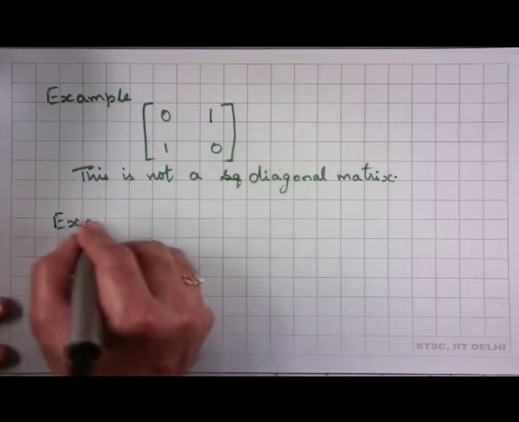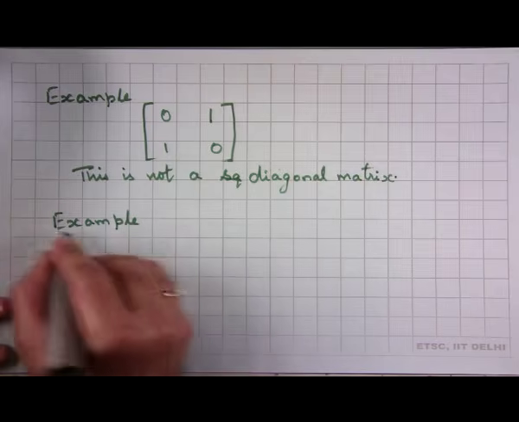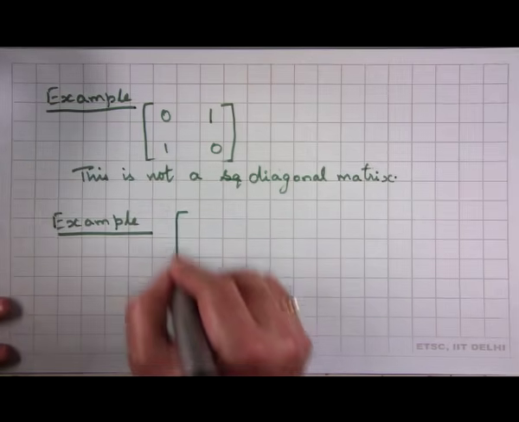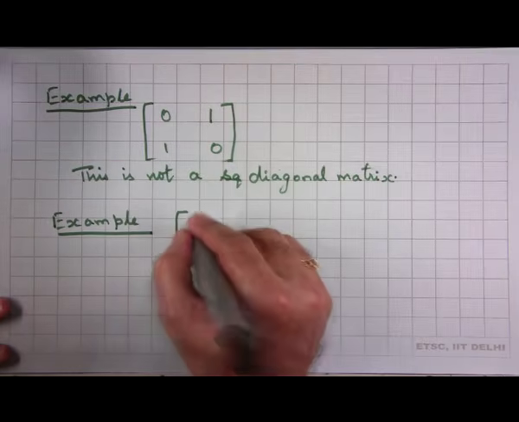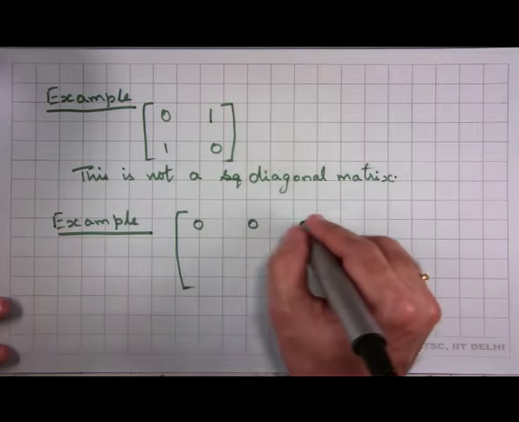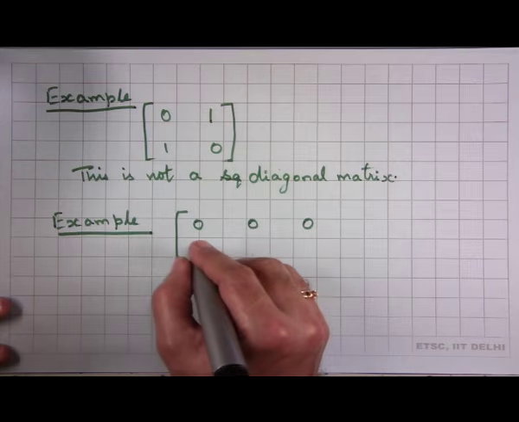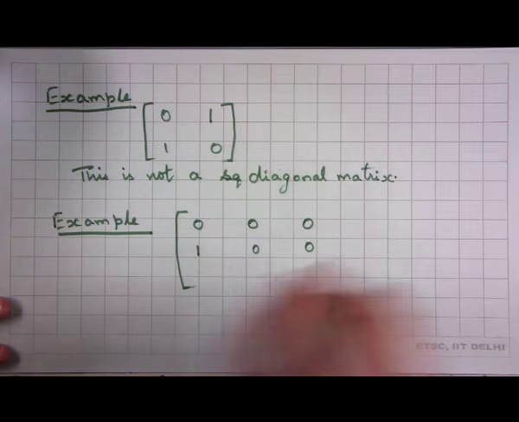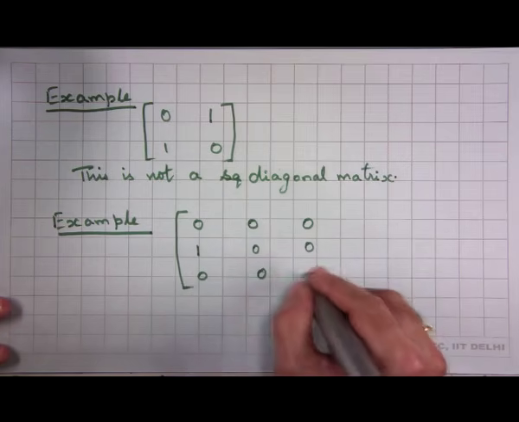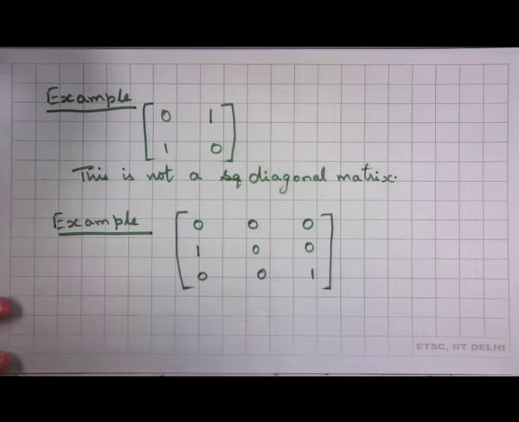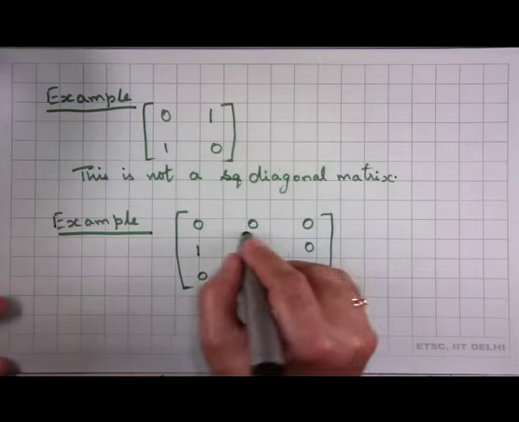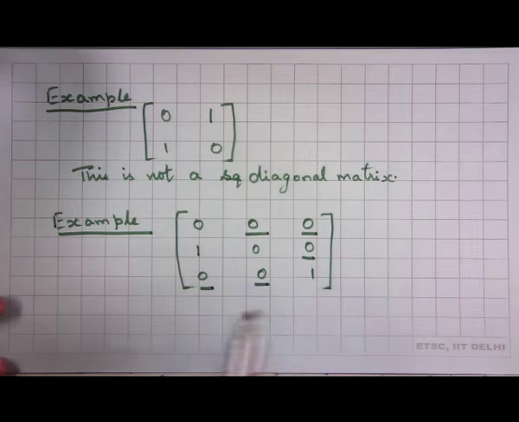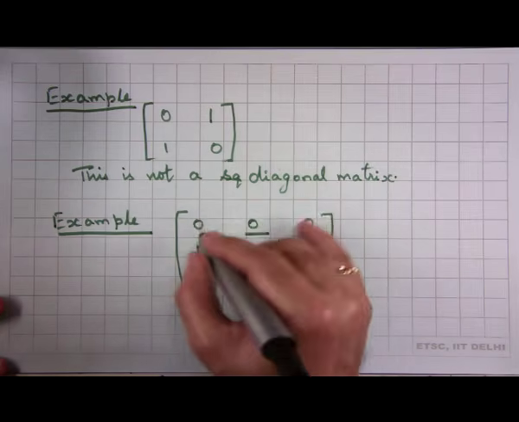Let us do one more example. So, all the entries are 0, you have the diagonal entries, these 3 things.